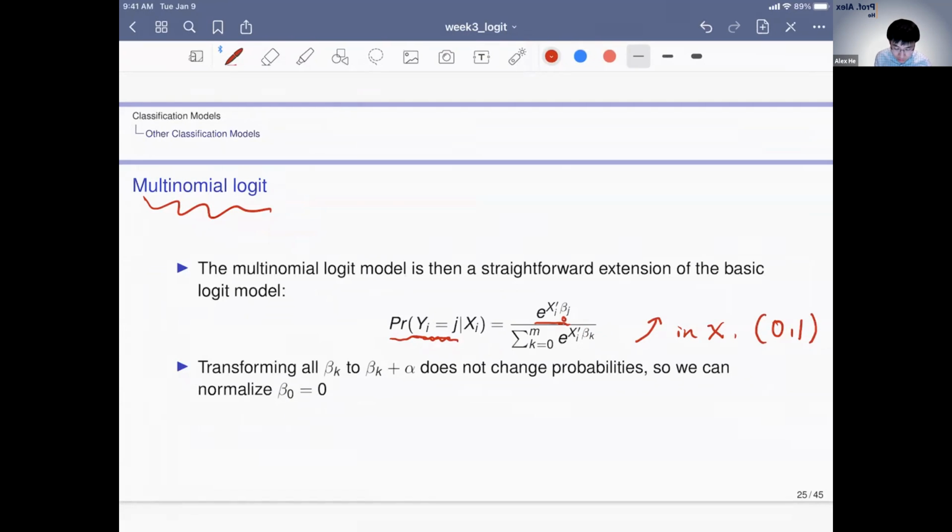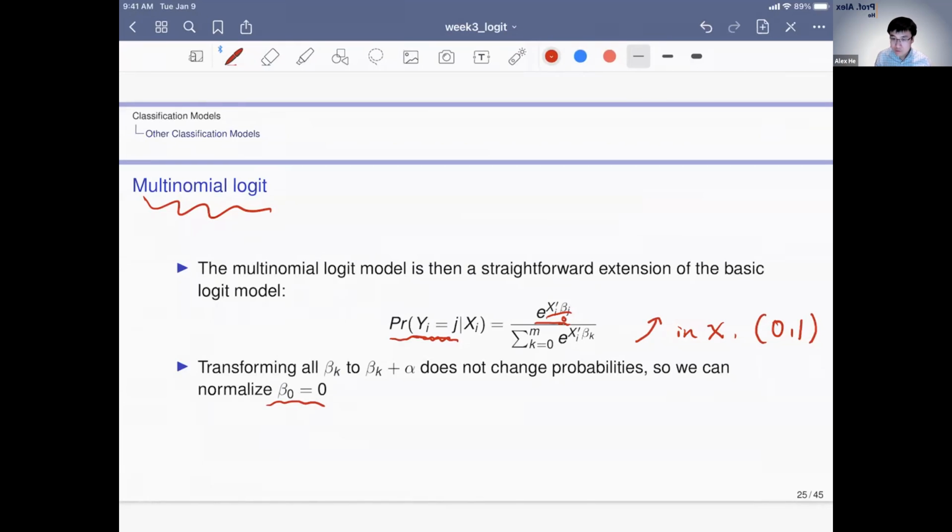Because when beta x goes to negative infinity, this probability goes to 0. When it goes to positive infinity, this probability goes to 1. So it's exactly the same as before. Also, when you have 3 or more categories, you can always normalize one of them to be the baseline category.